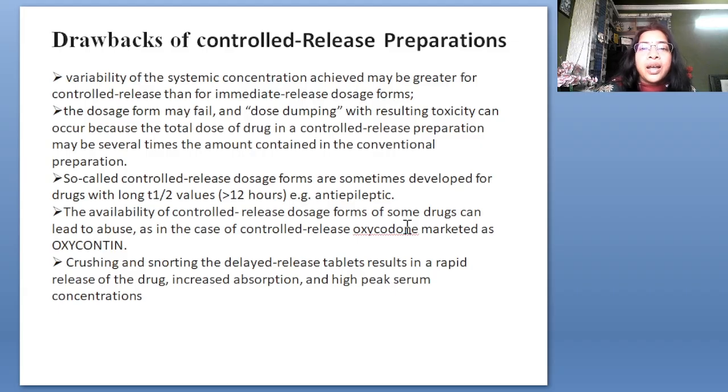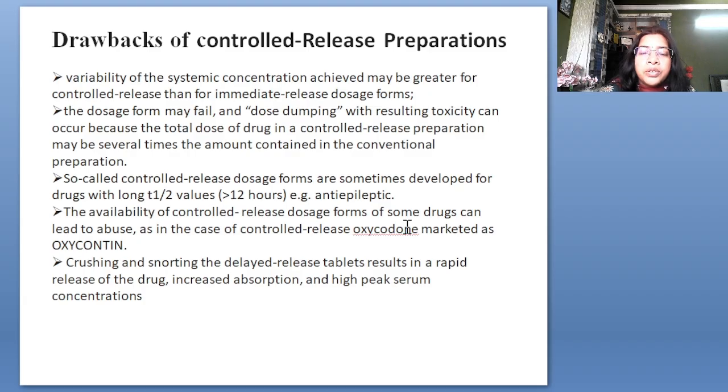But there are also drawbacks of controlled release preparations. The variability in the systemic concentration achieved may be larger in controlled release than for immediate release dosage forms. The dosage form may fail and dose dumping may take place, resulting in toxicity of the drug. Controlled release dosage forms are sometimes developed for drugs with longer half-life, more than 12 hours, for example, antiepileptics.